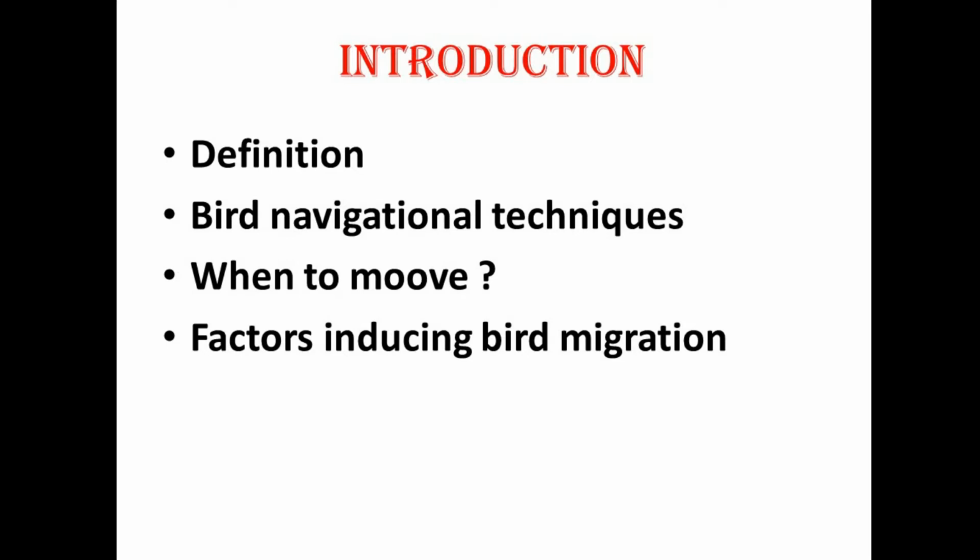Then factors inducing bird migration is the next part of this lecture, and there are various factors which are responsible for inducing bird migration. Here we must consider the factors in three parts.